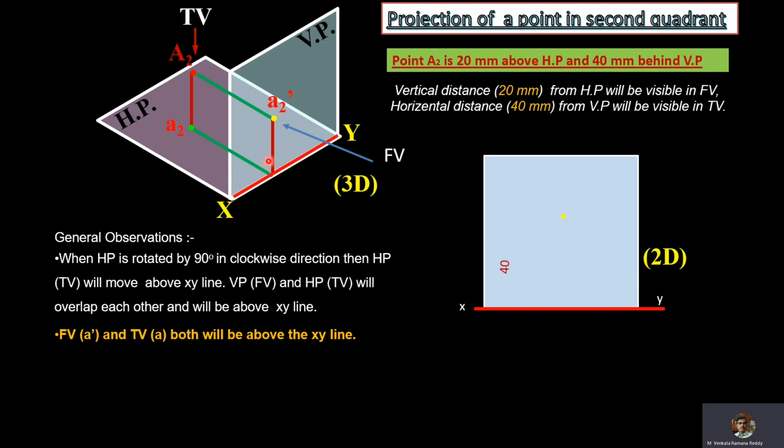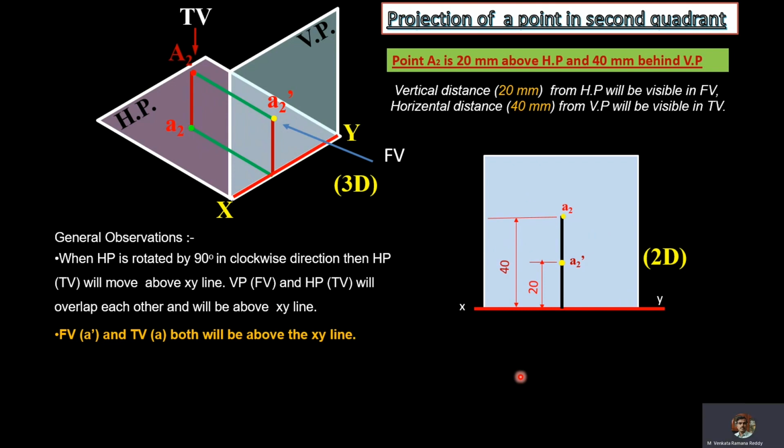That is, the front view is at a distance of 20 mm above the XY line, and the top view is at a distance of 40 mm above the XY line. This is the representation of a point in orthographic projections.